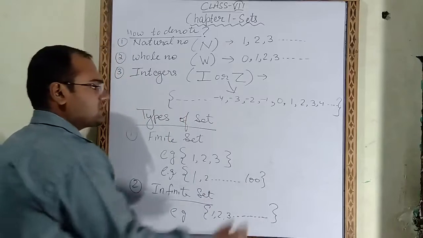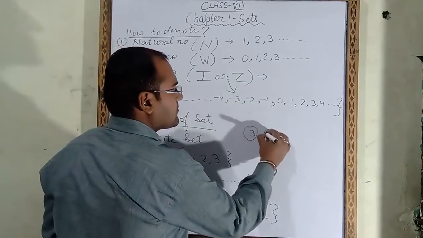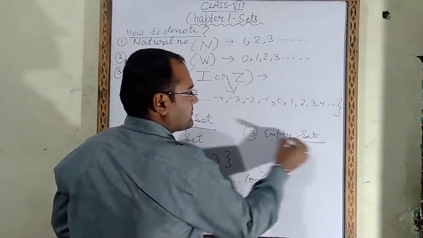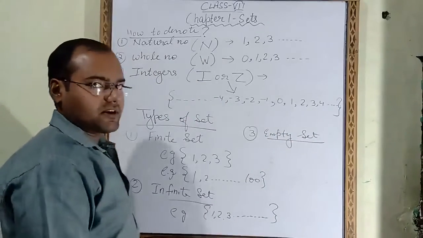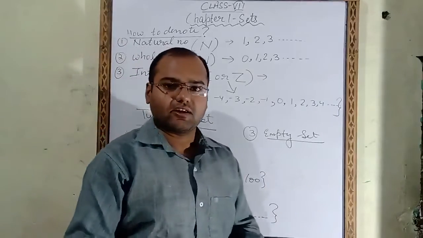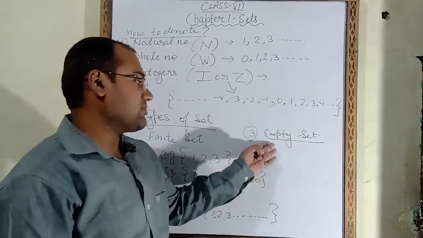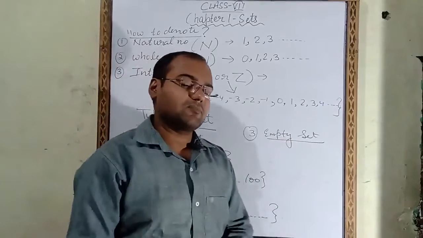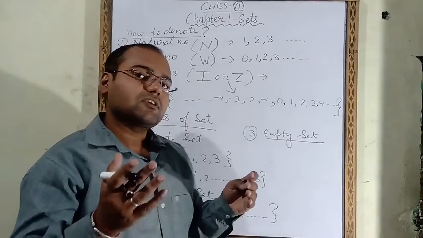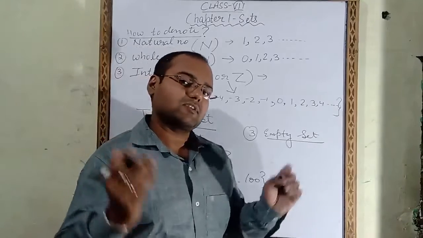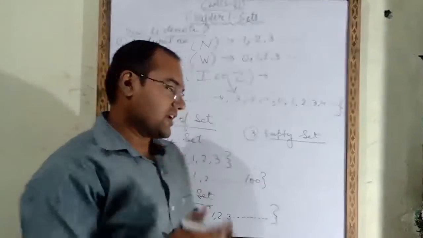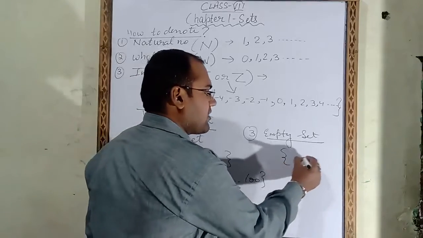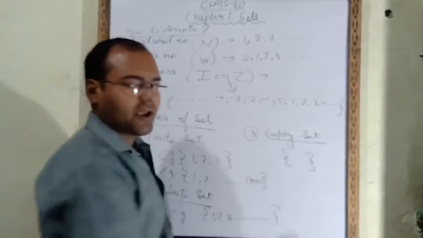Now the third one is empty set. Empty means nothing. So as the name shows, what is empty? Empty means nothing. That means the set in which no element is there. That set we call an empty set. To represent an empty set, we have to use only brackets.